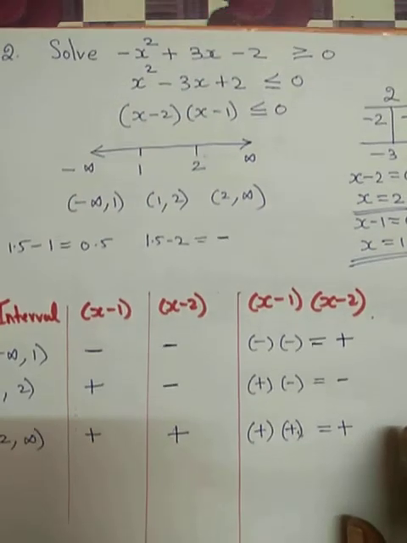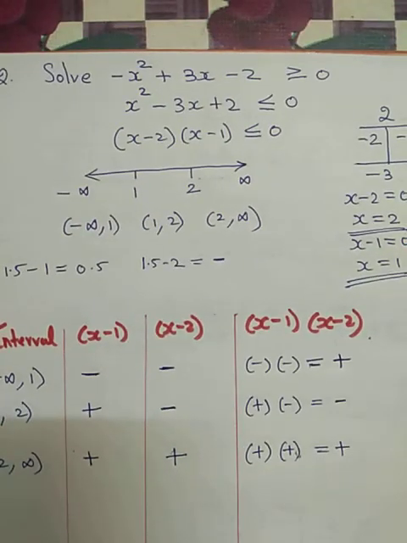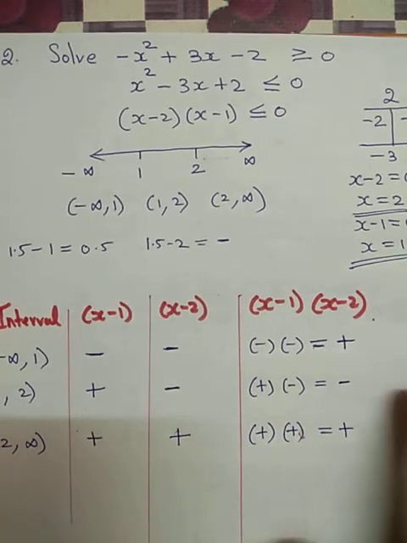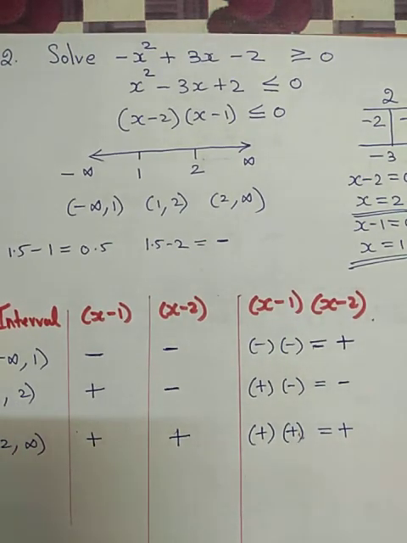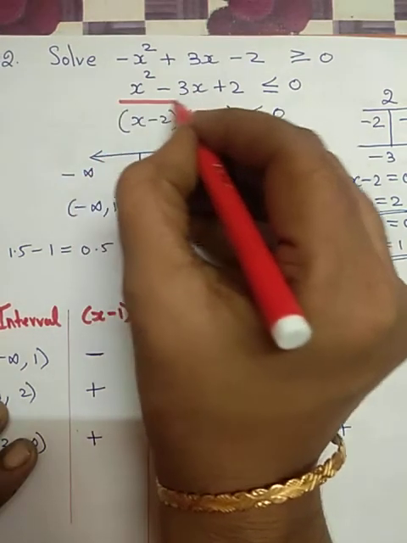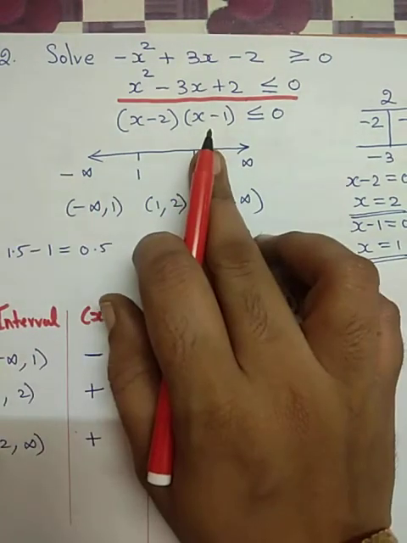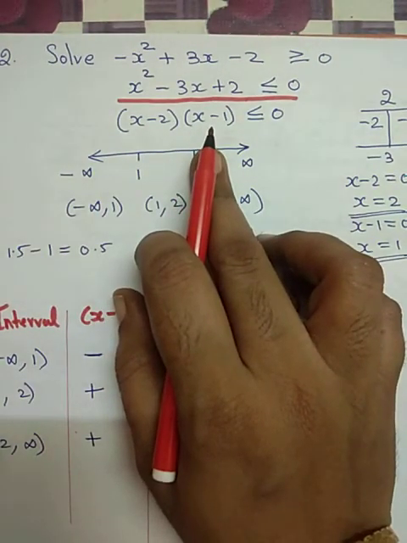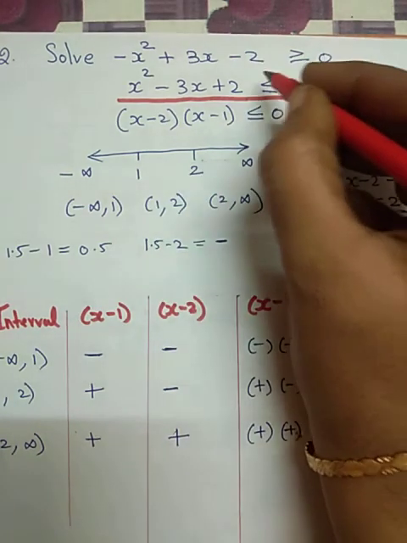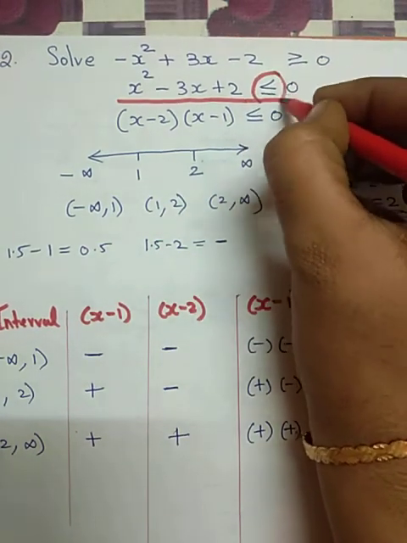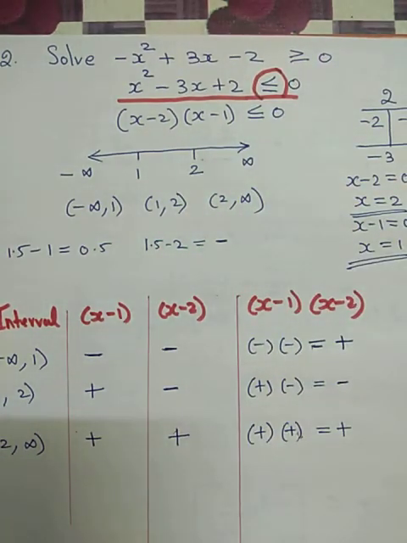Seeing this, we have to write the final answer. For writing the final answer, I have to see this particular equation, because we multiplied this equation with a minus sign, then only we got these two brackets. What is the sign we are having here? Less than or equal to.